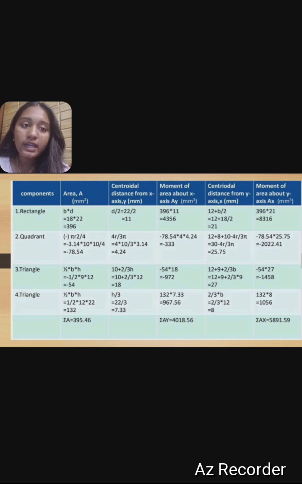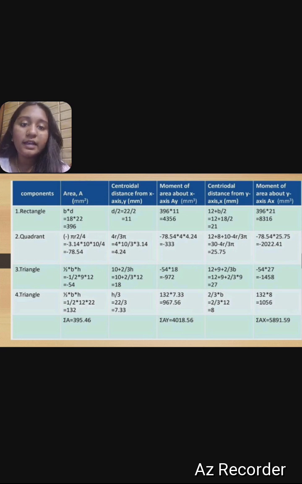For the triangle, we should take 12 plus 9 plus 2 divided by 3 into 9, that gives you 27. And for the last triangle, it is 2 divided by 3 into b, that is 2 by 3 into 12, which gives you 8.